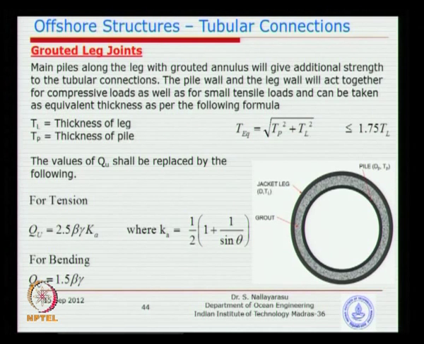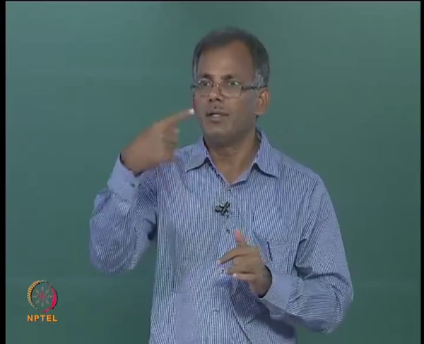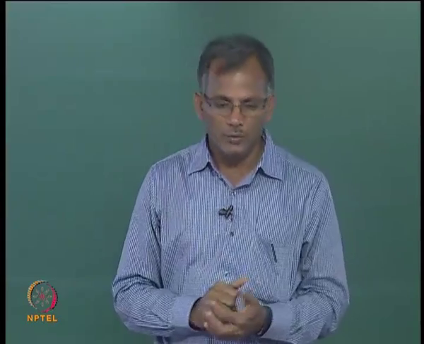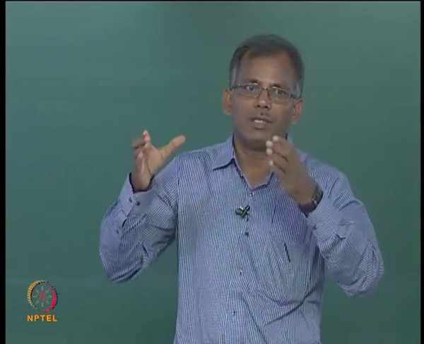The next one is the grouted leg joints. So far what we have seen is that the joints or the cord members are purely single skin, that means only a pipe is there. Now I think you might have understood already, in the jacket legs we have the piles going through and we have either grouting or sometimes no grouting. When you do have such legs grouted, the grout is filled in the annulus, so you have an external steel shell and an internal pile.